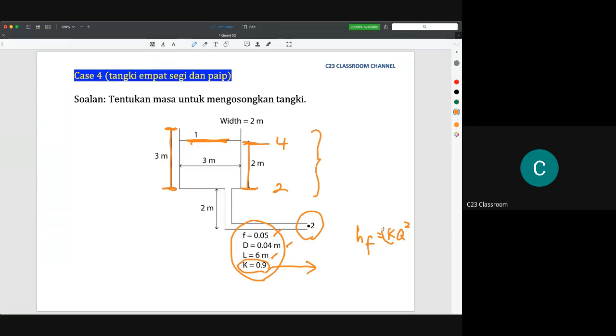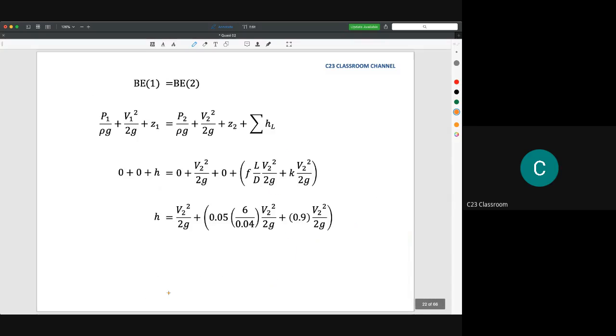That is the simplification or the constant of the major loss actually. But in this situation, we have f, D, and L, and this K reflects the minor loss coefficient. Okay, I hope you could understand the situation of this question.